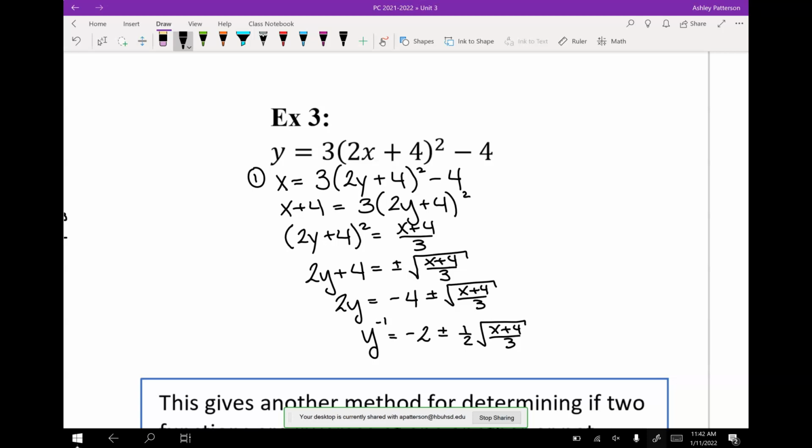This is why the definition at the beginning of the notes was so important. If your given function is not 1-to-1, its inverse will not be a function.